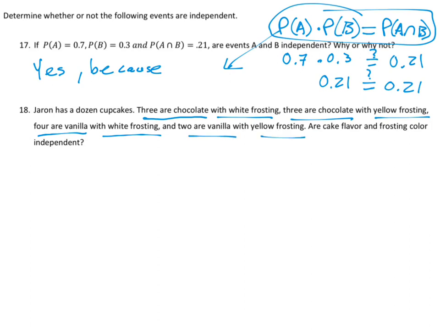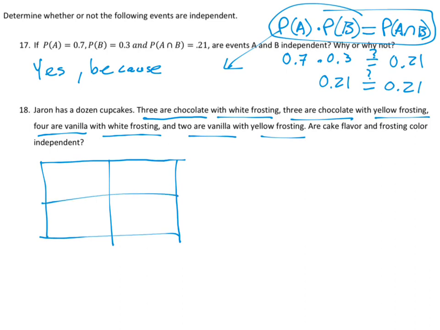What you may want to try is just make it into a little table. That helps me organize my thoughts and figure out what's going on. So we got chocolate and vanilla cupcakes, and there's white frosting and yellow frosting.